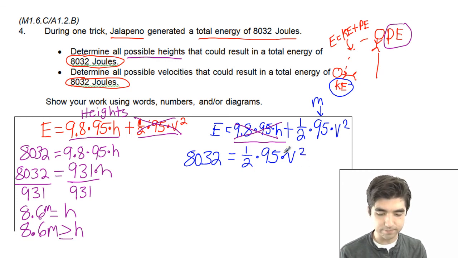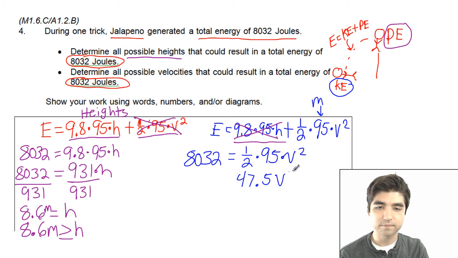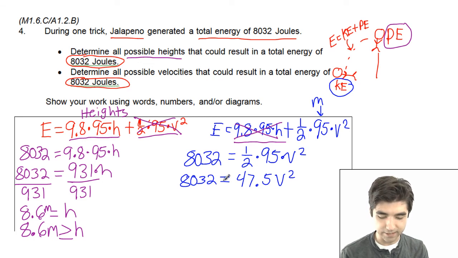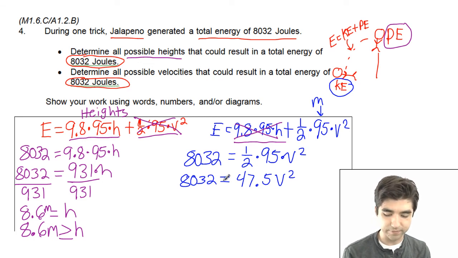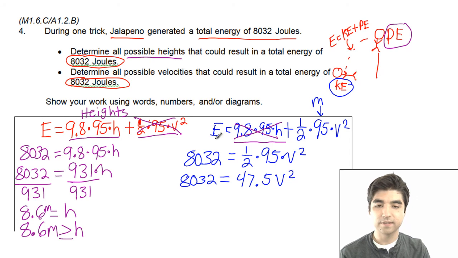Let's calculate this. 0.5 times 95 equals 47.5, and that equals 8,032 divided by v squared, so 8,032 divided by 47.5 equals 169.1.